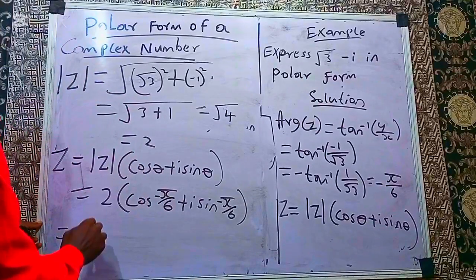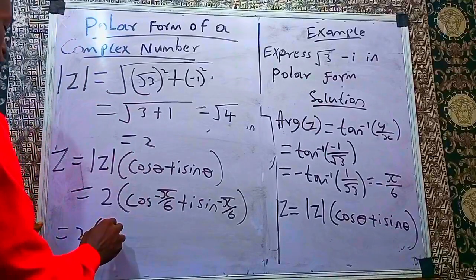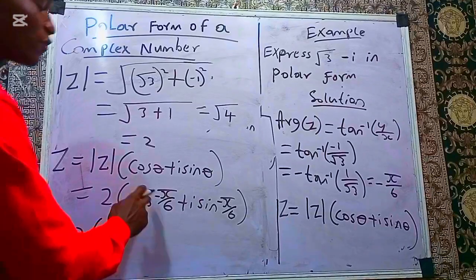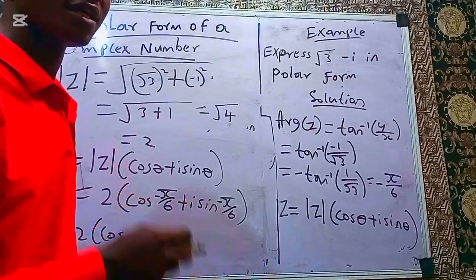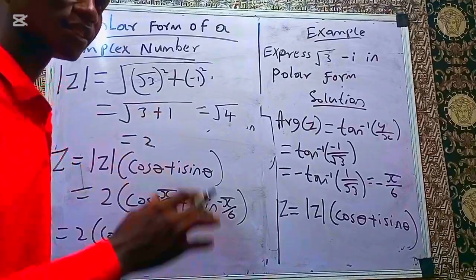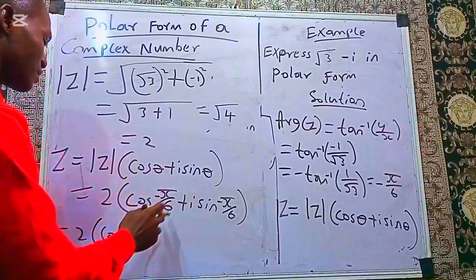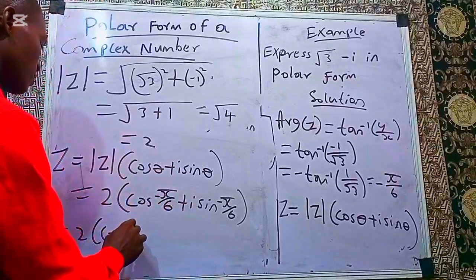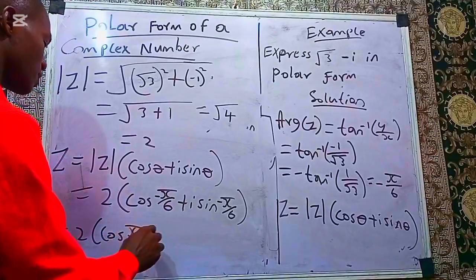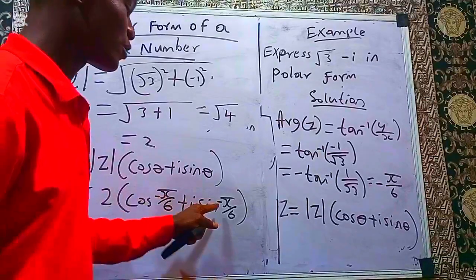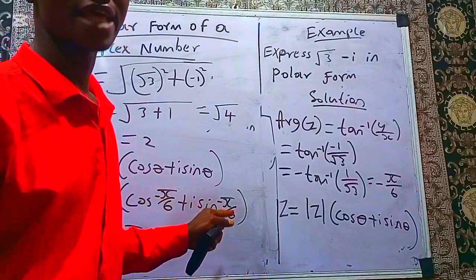So this will be equal to 2 into cosine of negative angles, which is the same thing as cosine of the positive angle, because cosine is an even function. So cosine negative pi over 6 is the same thing as cosine pi over 6. So we have cosine pi over 6 plus, but sine of a negative angle is negative sine of the angle.